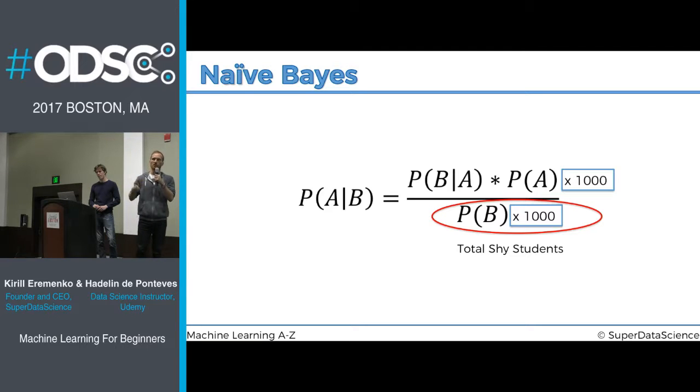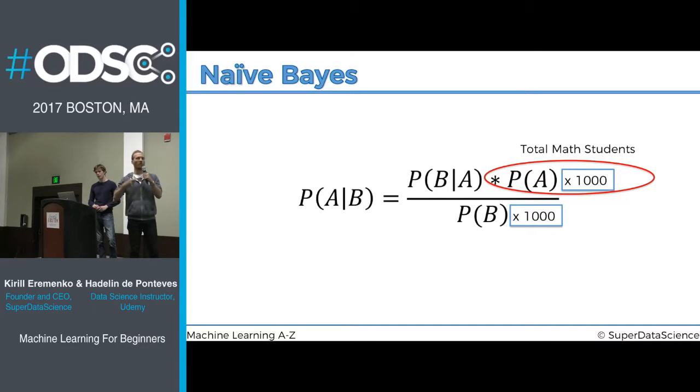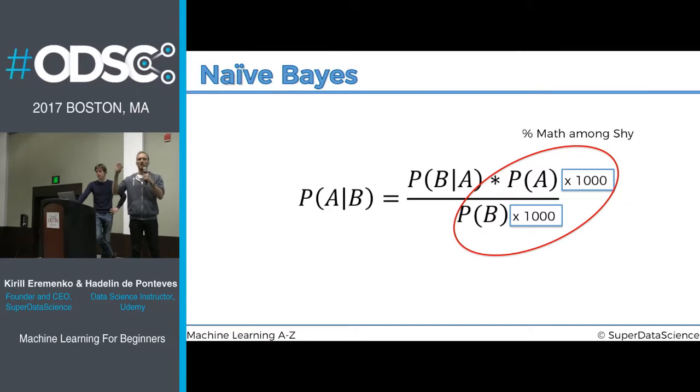Now at the top here, you have the total number of math students in that university, regardless of whether they're shy or not. When you divide one by the other, all of a sudden you have the percentage of math students among shy people. That makes sense, right? You just divide one number by the other. This is logical if you don't look at the rest of the formula.